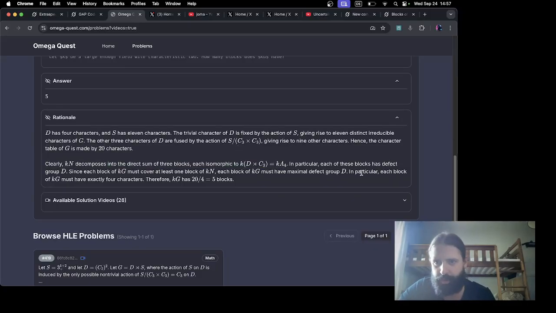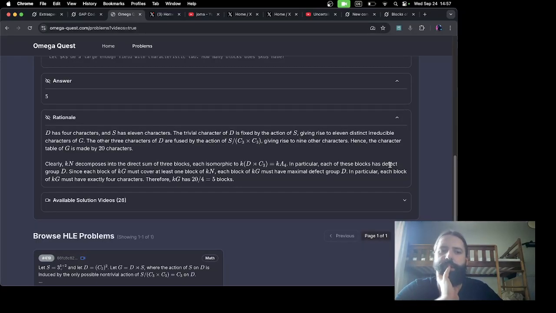In particular, each of these blocks has defect group D. I don't know what a defect group is. Since each block of Kg must cover at least one block of Kn, each block of Kg must have maximal defect group D. In particular, each block of Kg must have exactly 4 characters.